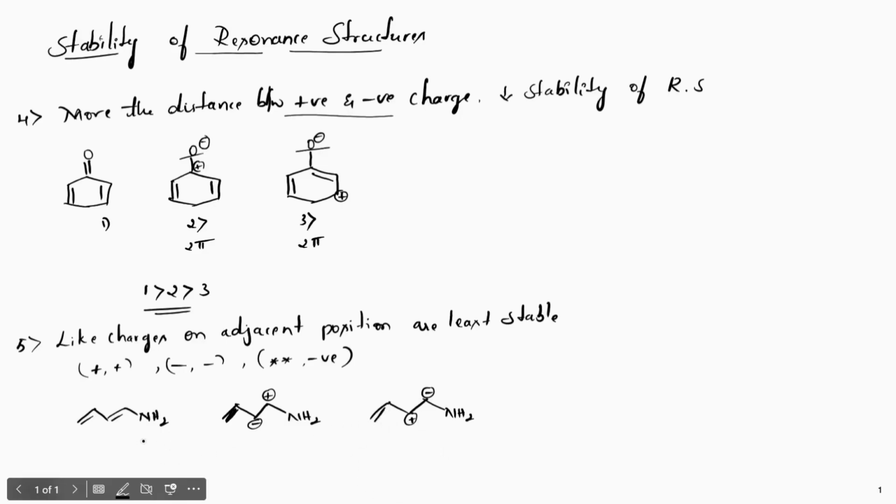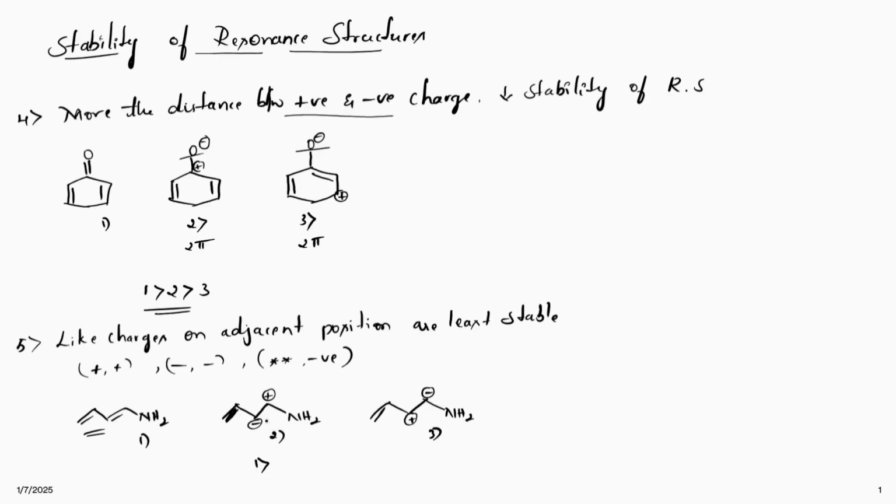Okay, so first, second, and third. Which is the most stable? According to the first rule, charged species are less stable. So this is the neutral species, therefore one is more stable.